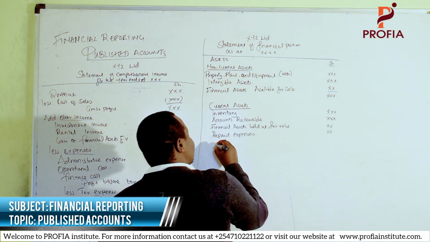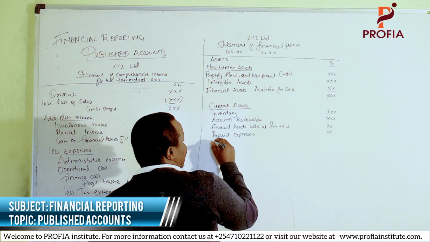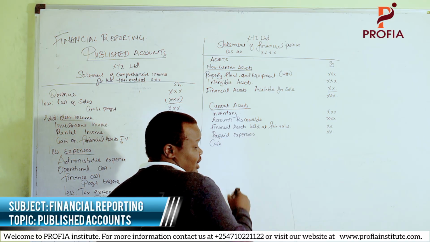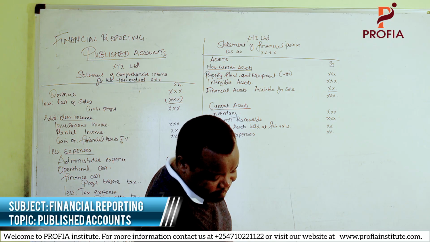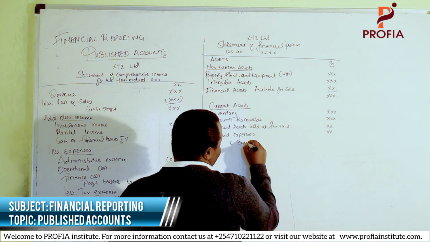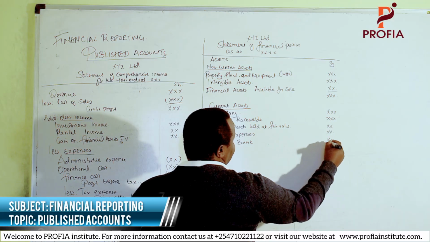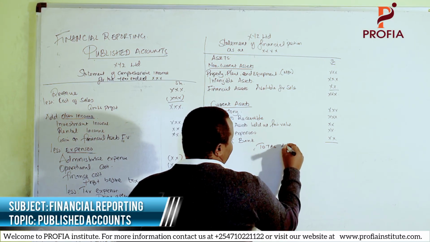Then we have bank, cash at hand, and also cash at bank. Let me just say cash and bank, depending on how the equation is structured. This is what we call total assets.